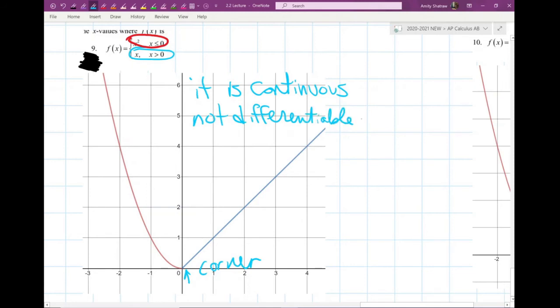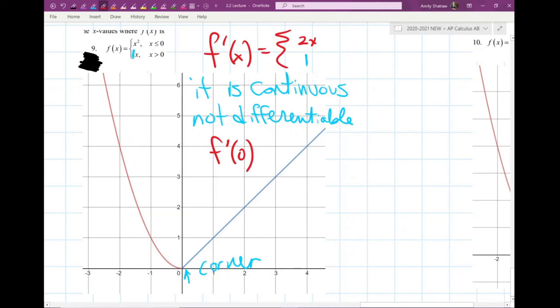Specifically, I want to mention why. When I take the derivative of f of x, for the top part I would get 2x, and for the bottom part, when I take the derivative of 1x, I will get 1. So if I want to find out f prime of 0, this is where I'm saying it is not differentiable at x equals 0, and that's going to be my final answer.